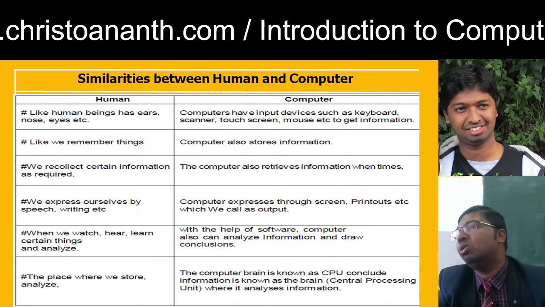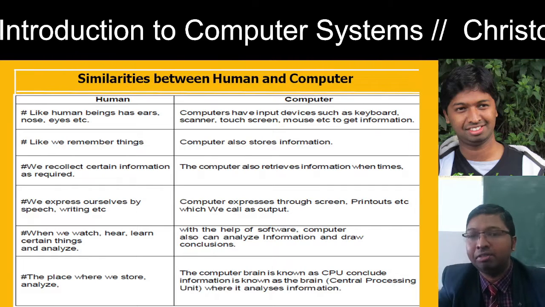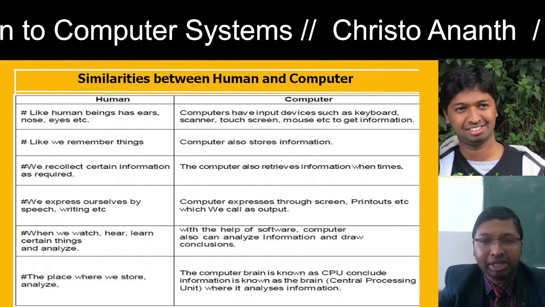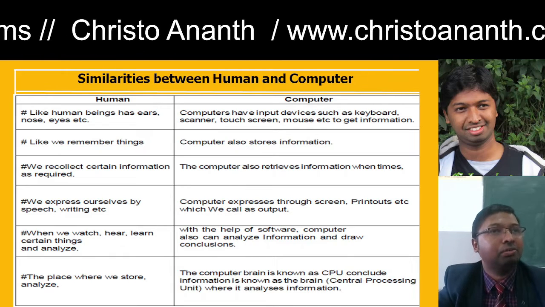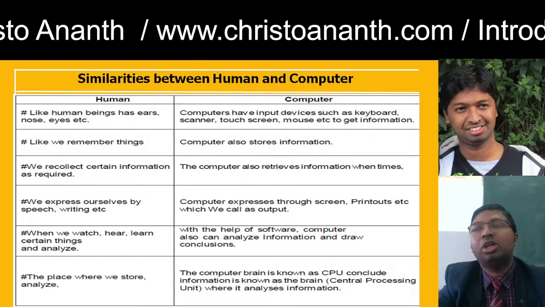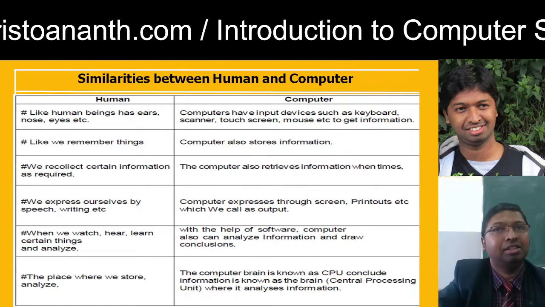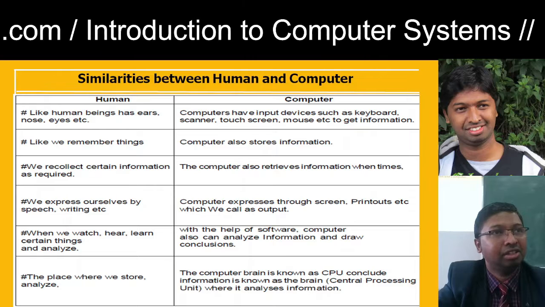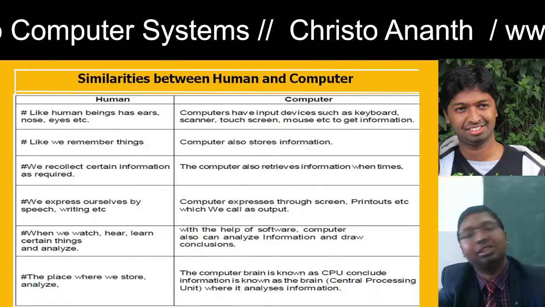Computer has its own software. Okay, for example, in the case of mobile, you have applications. So it can analyze information and you can draw conclusions out of it. For example, to convert MS Word to PDF, you have an application. Yes. So for each and everything, computer has an application.